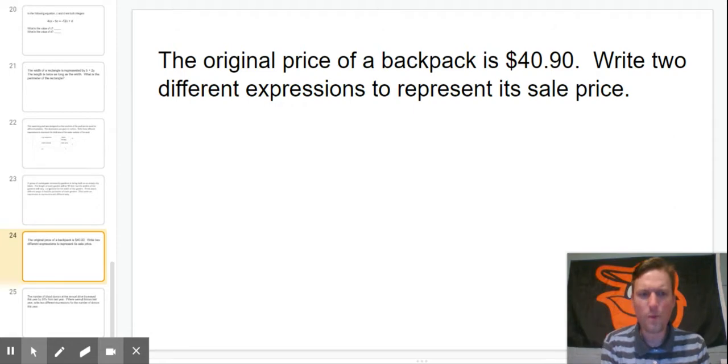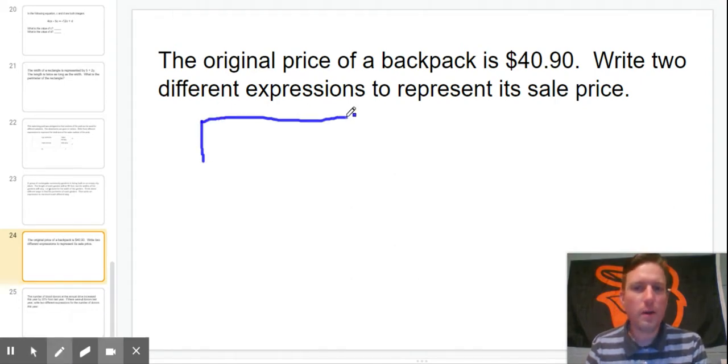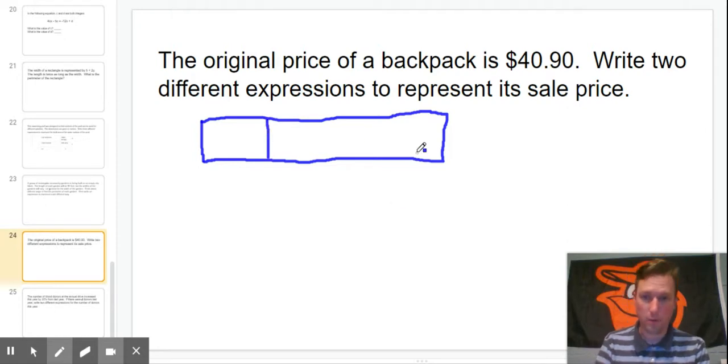Now, when I look at this problem, I would probably draw a picture first to wrap our minds around the problem. So I might draw myself a nice bar, a bar model.